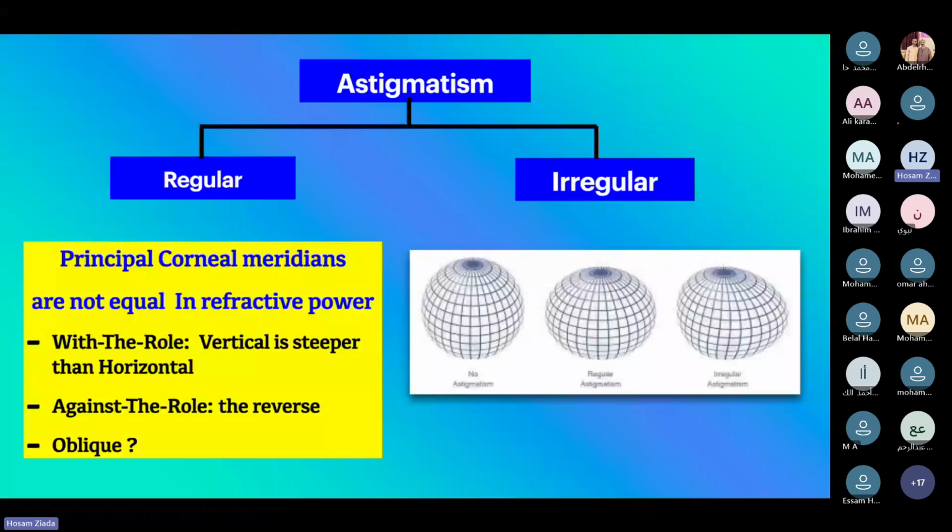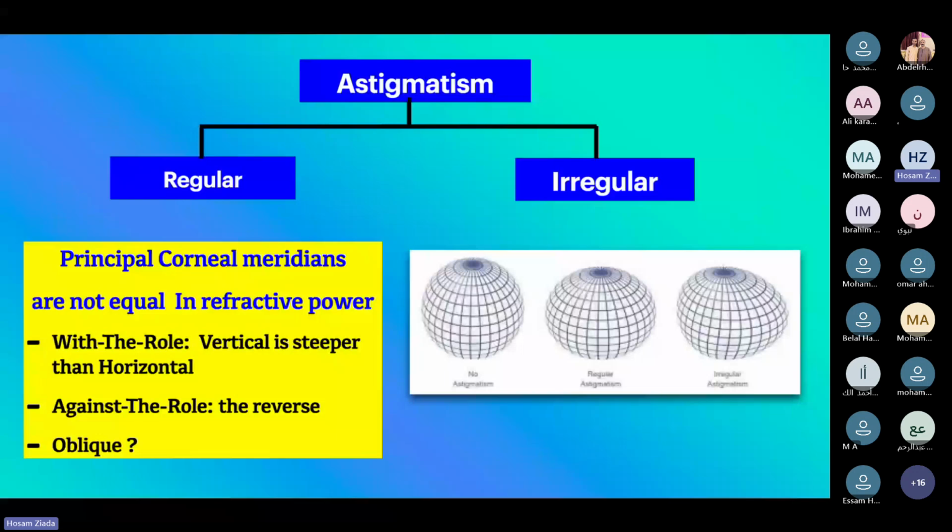So there is a difference between the vertical and the horizontal meridians, but it changes regularly, in a regular pattern. So it's called regular astigmatism. But in the third one, you will find that there is a prolapse from the side. So the change is irregular, as you see.